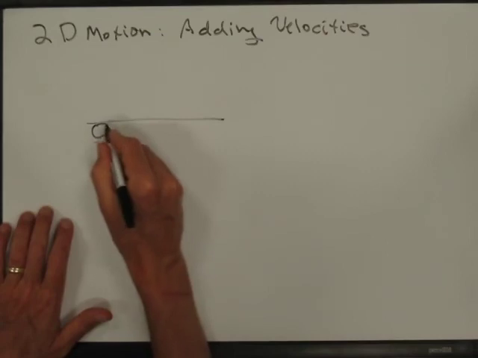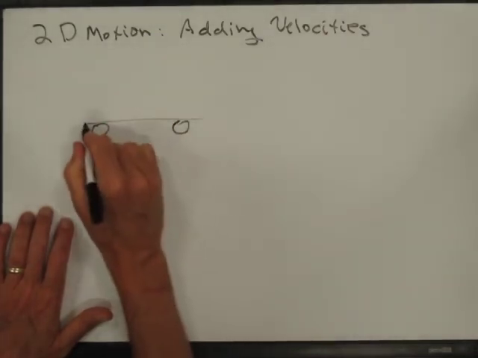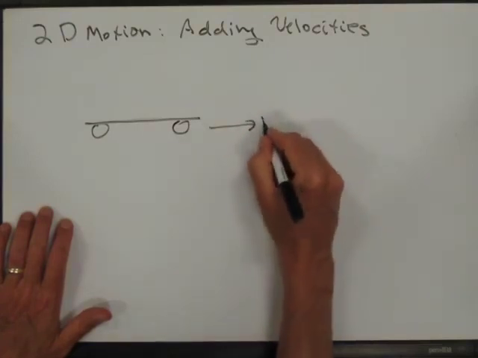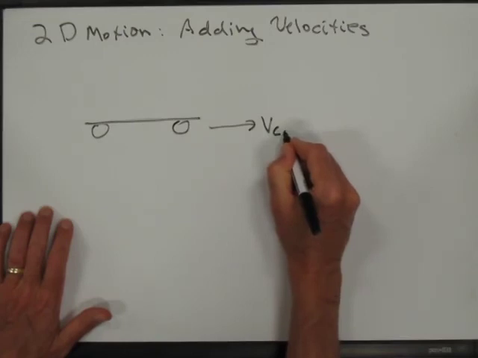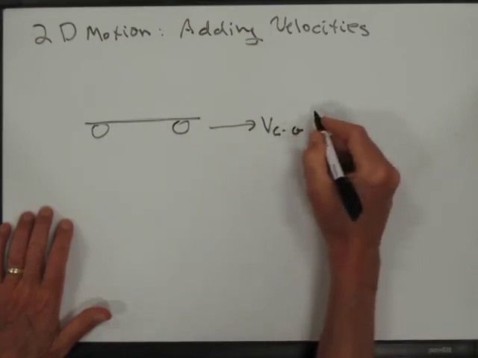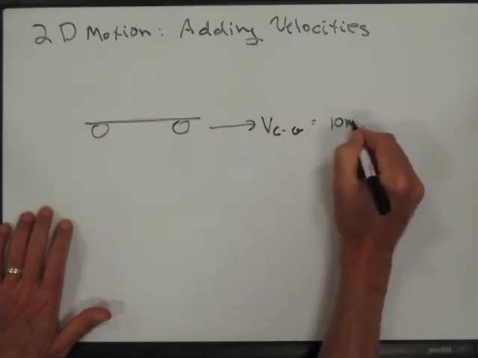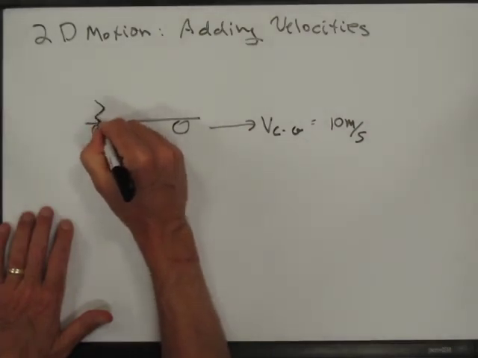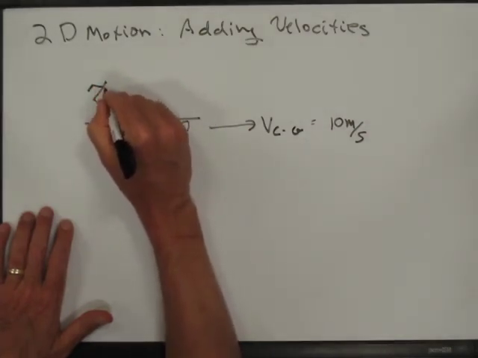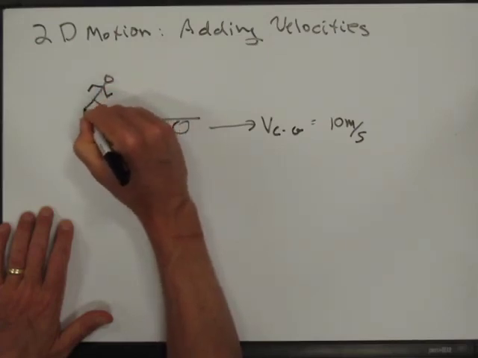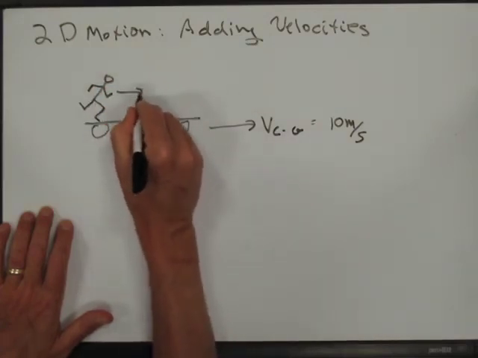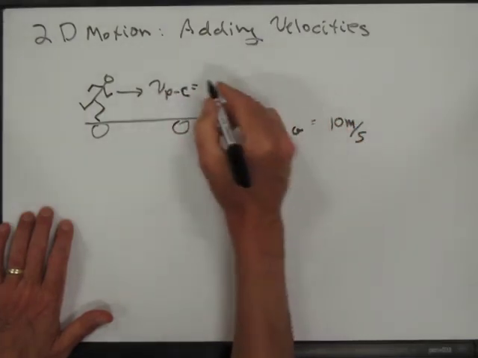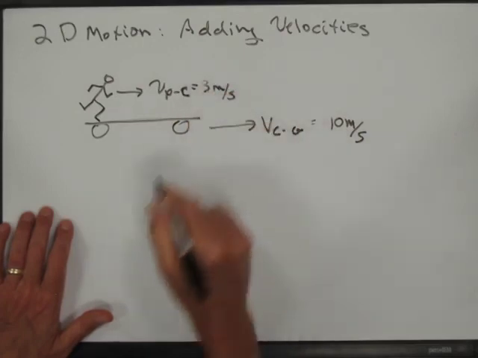Suppose I have a railroad car here, just a flatbed car that's moving, velocity of car relative to ground is equal to 10 meters per second, right? And then I've got a person on the car who's running, and the velocity of the person relative to the car is 3 meters per second.